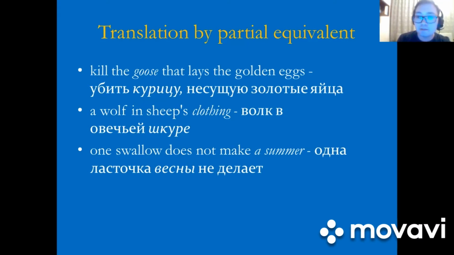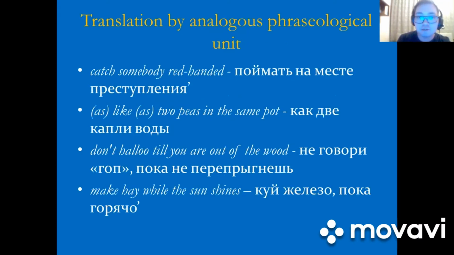So the next technique that could be applied for translation of phraseological units is translation by analogous phraseological unit. What is an analogous phraseological unit? This is a phraseological unit which has the same meaning but is based on a different imagery. Let's look at some examples which are given on the screen. The first one, catch somebody red-handed, and its possible translation is поймать на месте преступления.